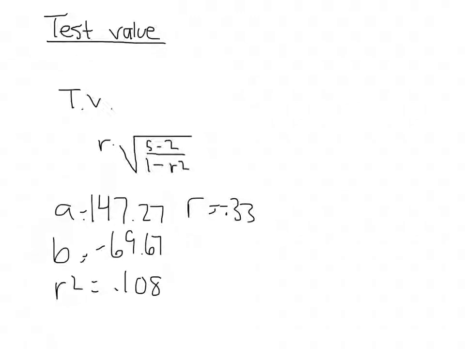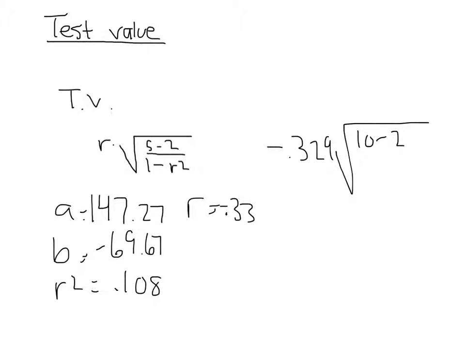Okay, so we're going to compute for R the test value, so we need R, which is negative 0.329, and then we multiply that by the square root of the sample, which is 10 minus 2.